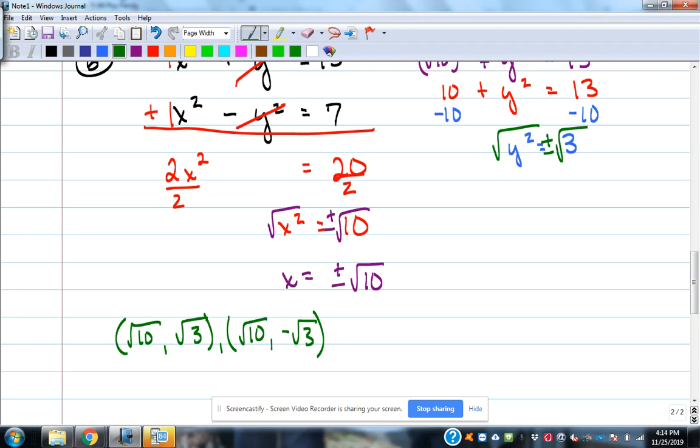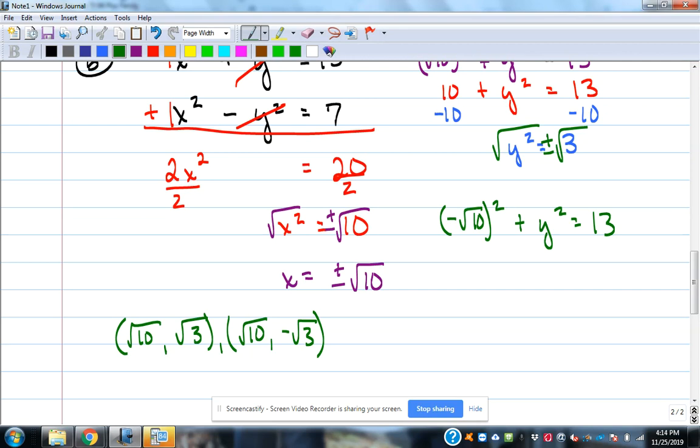Because I'm going to do the exact same thing. I'm going to take the negative square root of 10 and square that plus y squared is equal to 13. So again, I'm just taking the x values that I found and plugging them back into one of the equations. It doesn't matter which one, just try to get one that would be easy to solve. And these are about the same either way.